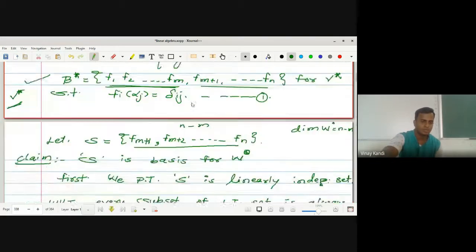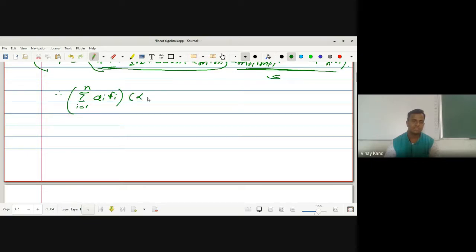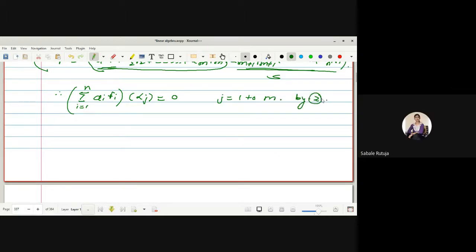Now therefore this summation, i running from 1 to n, ai fi, of alpha j is equal to 0 for j running from 1 to m. Is it correct? By 2. Yes, sir.